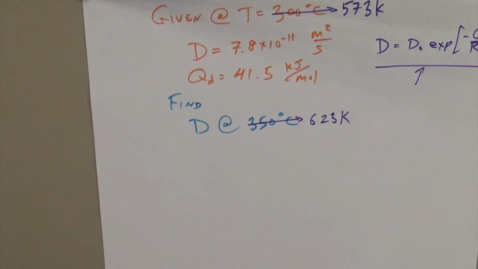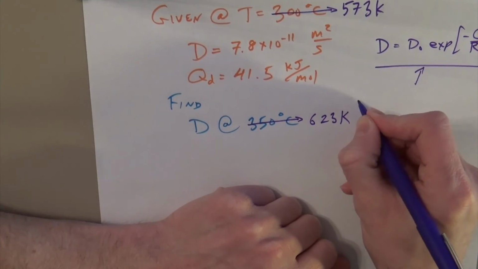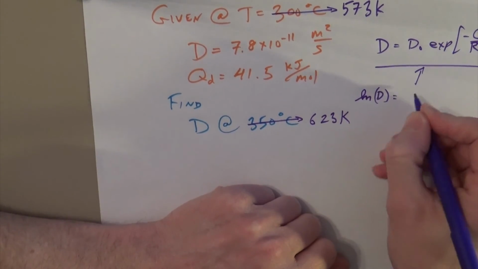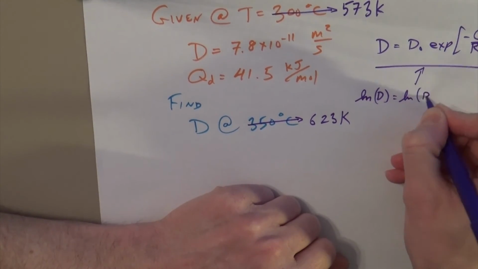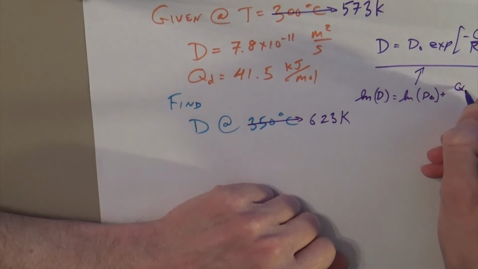But we can take the natural log of both sides to get ln of D is equal to ln of D0 minus Q_D over RT.